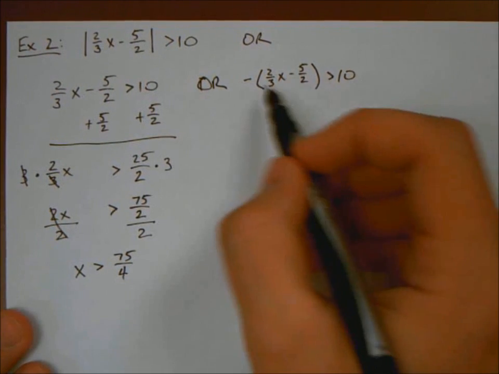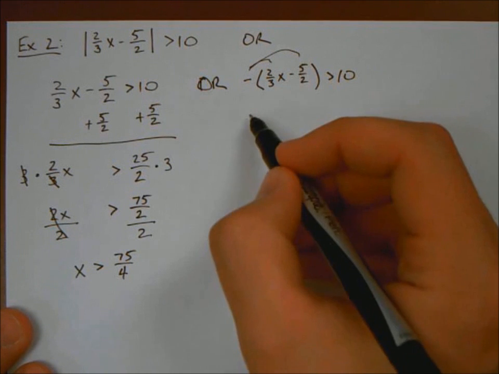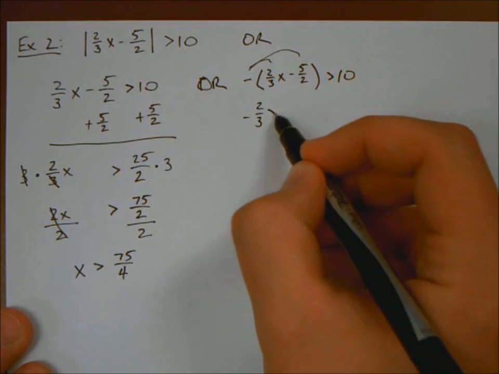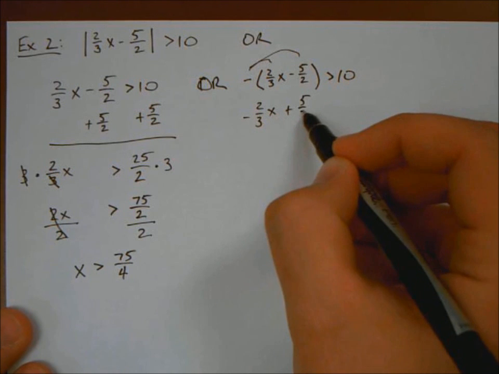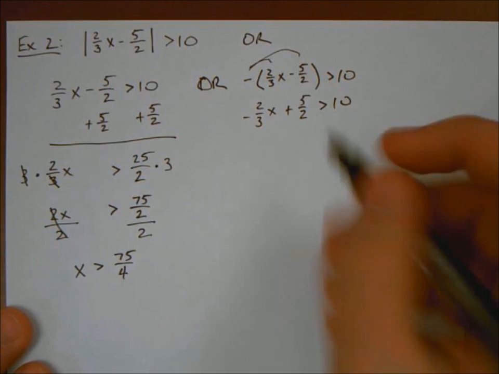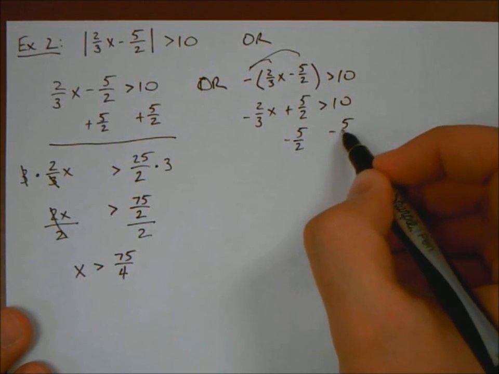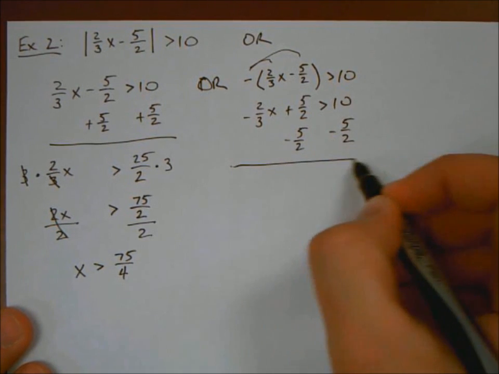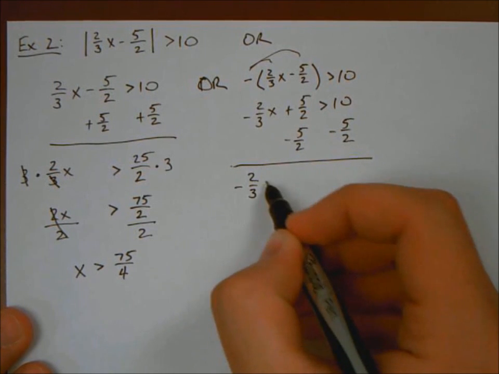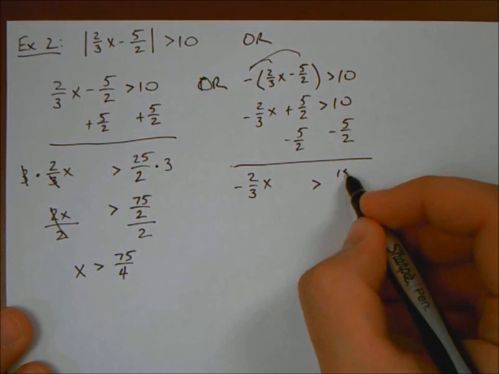On the other side, the first thing I want to do is distribute my negative sign. Negative 2/3 x plus 5 over 2 is greater than 10. And now, subtract 5 over 2. Negative 2/3 x is greater than 15 over 2.